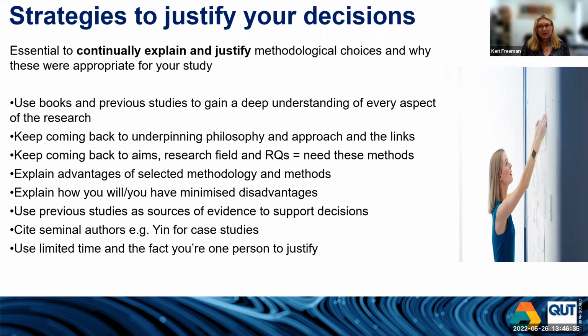All right. As I keep saying, use books. You really need to have a deep understanding of every aspect. Ask questions, look at previous studies. Come back to your philosophy. Is it still linking? Use that as a justification and link it back to your aims, your topic. What kind of questions have you got? Do you need a big, broad overview, or do you need to find out people's lived experiences? Do you need to do 5 experiments rather than just 1 experiment to figure out all of the different moving parts of the research topic that you have?